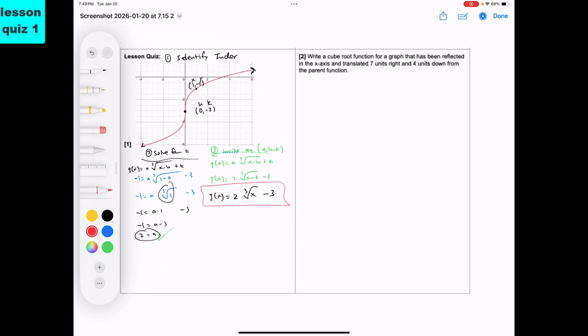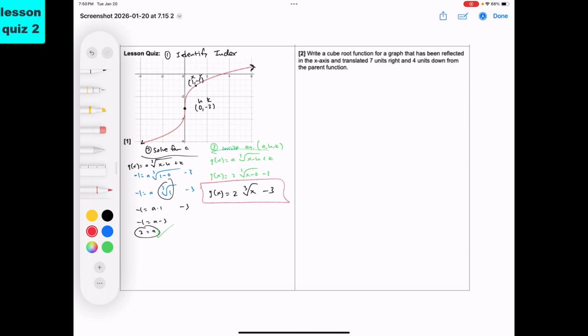Okay, let's take a look at this one. Write a cube root function. Okay, that's already telling me for a graph that is reflected over the x-axis. So I'm thinking of an a value that is negative.